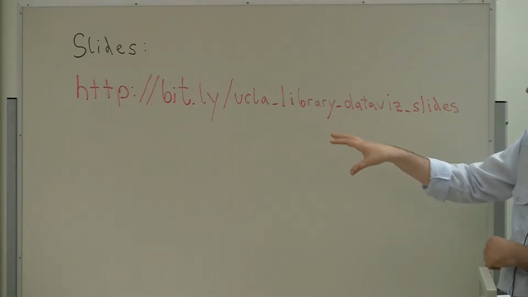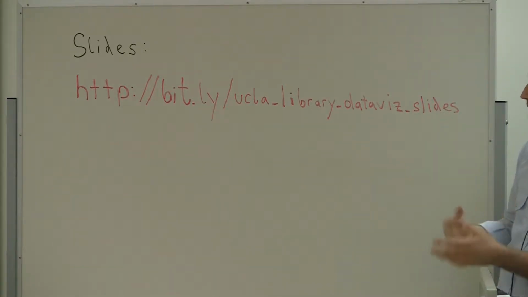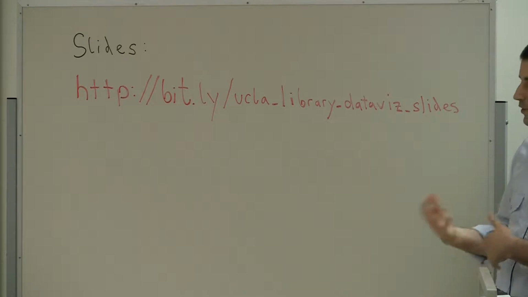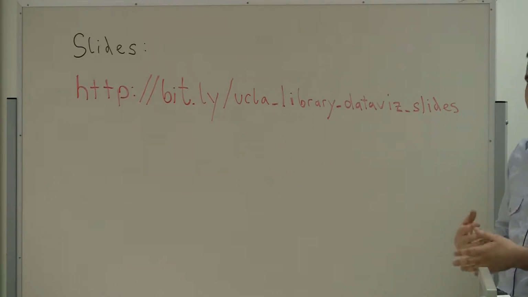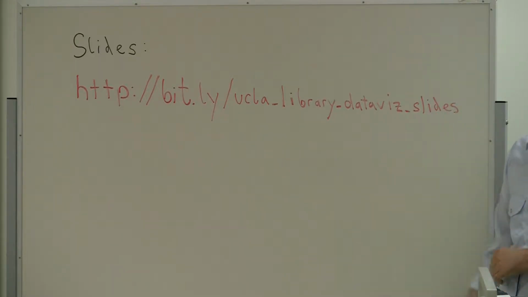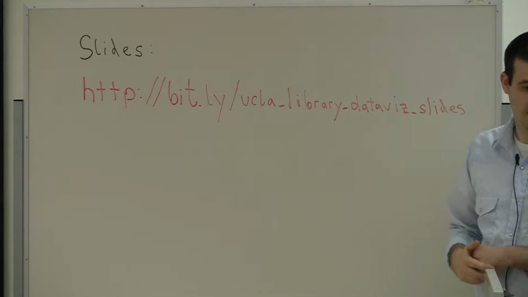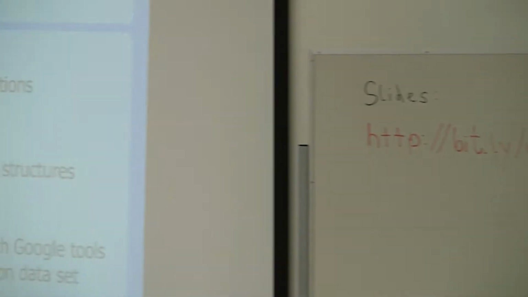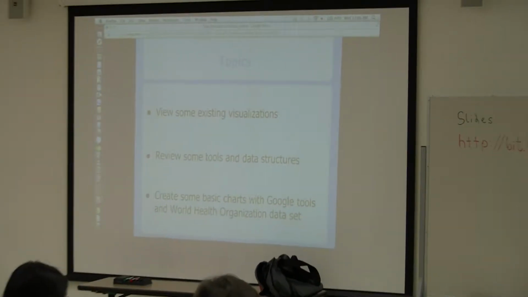In the slides, there's a link to the lesson that we're going to go through and to the data sets and everything like that. They should all be self-contained in there. But if anybody can't find anything, just raise your hand and let me know, and we'll get you there. I'll dim the lights now so we can see a little bit better.